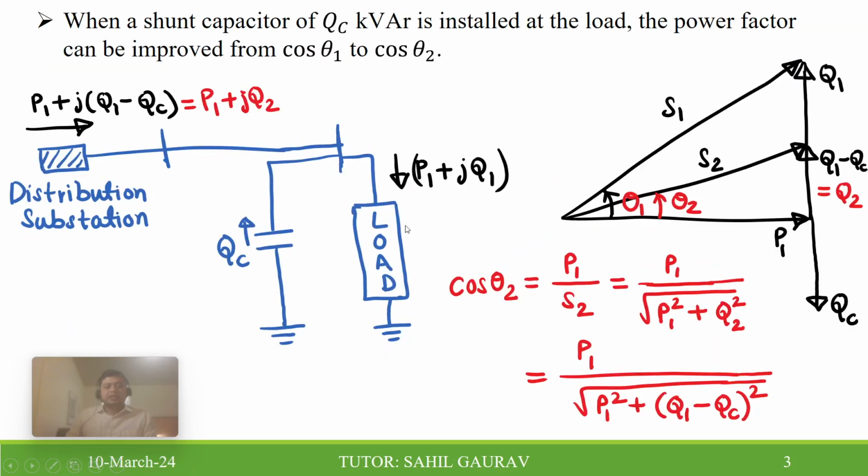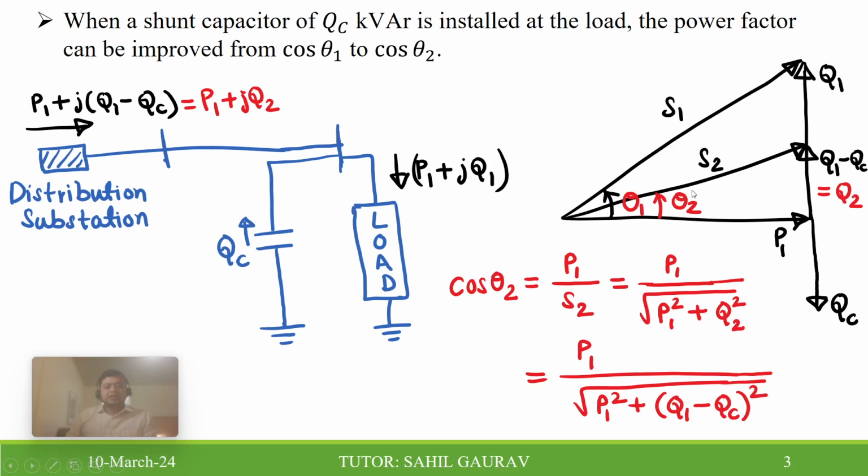We can see here that the reactive power demand from the distribution substation has reduced, that is Q2, and that becomes Q1 minus QC. Before reactive power compensation it is Q1, and after compensation, this reactive power demand from the substation reduces and becomes Q2.